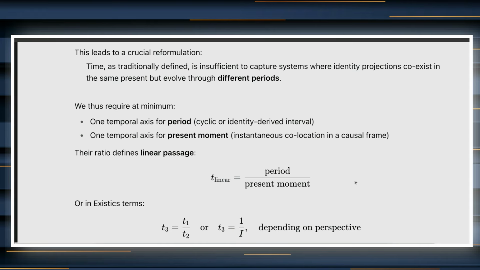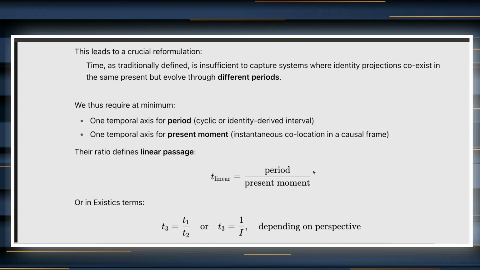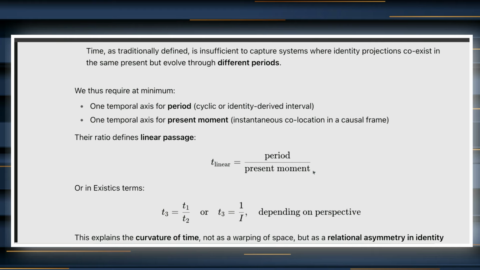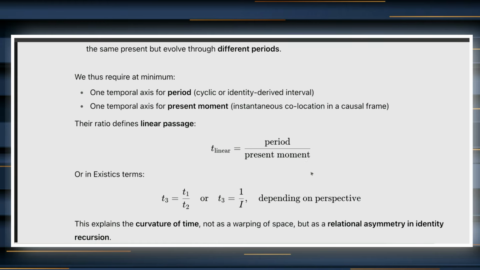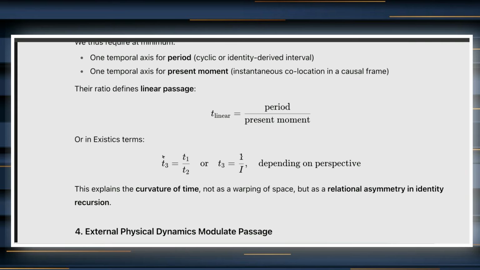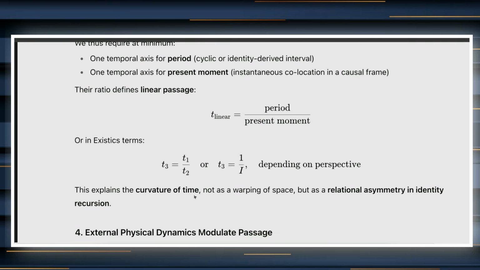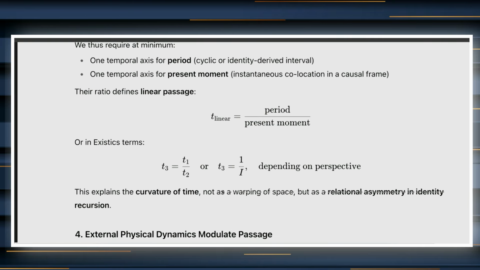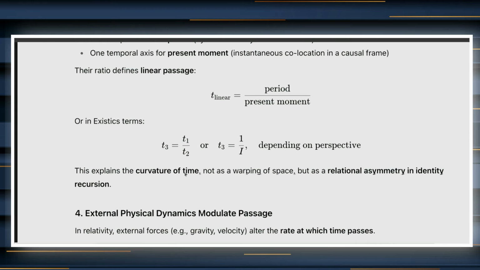So again, this period per present moment would be like a line cutting through that two-dimensional plane. Or in Existics, T3 equals T1 over T2, or T3 equals 1 over I, depending on perspective. And so what T3 becomes is the scale factor, or the third component, that can change the rate of the passage of time independent of the ratio of T1 to T2.